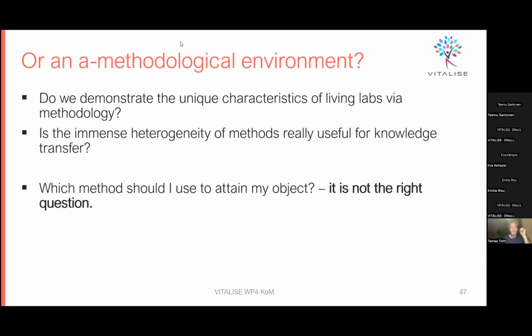So, concerning this immense multiplicity of methods, I think we have to think about it, and maybe there is a task to change our mindset a bit. What I want to suggest is that maybe it's not the good question to ask what method is good for me if I want to know this and that, or achieve this and that.